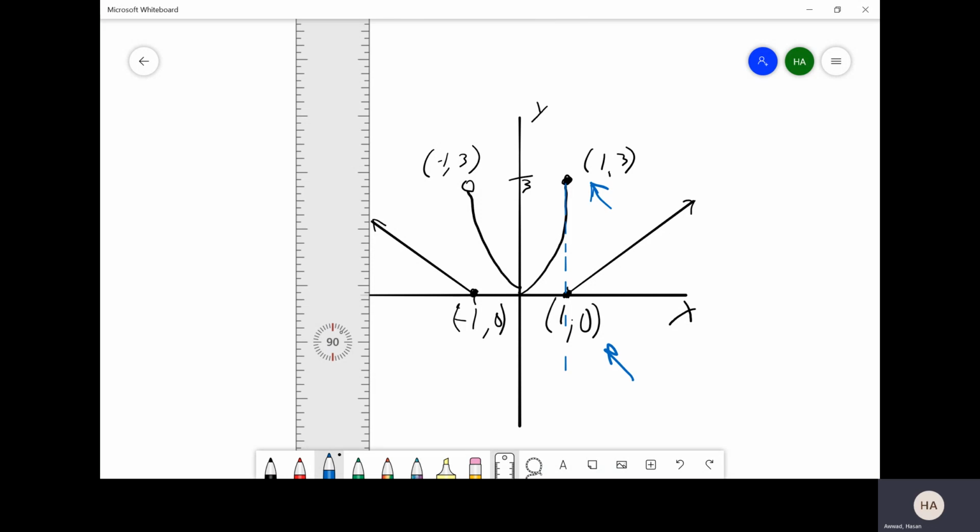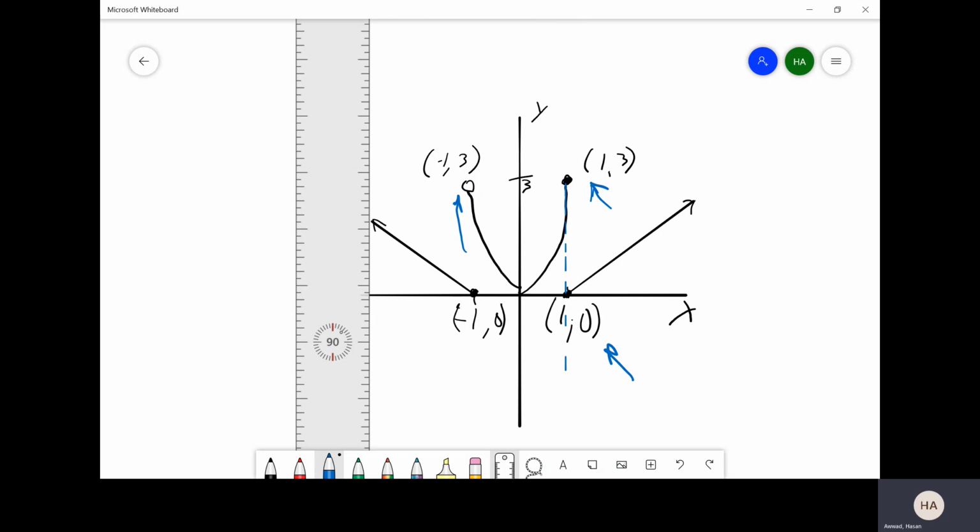But notice the stark difference between the right side and the left side. On the left side, -1 was only included one time, even though this graph here goes all the way up until we hit -1, 3. We're not actually including the point -1, 3. We're saying we're getting super, super close, but the actual point -1, 3 is not included.